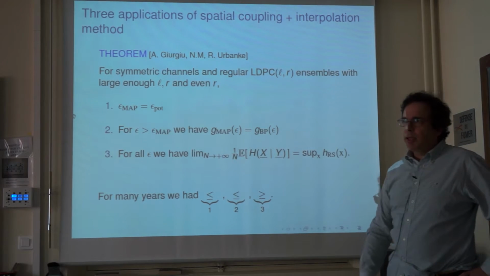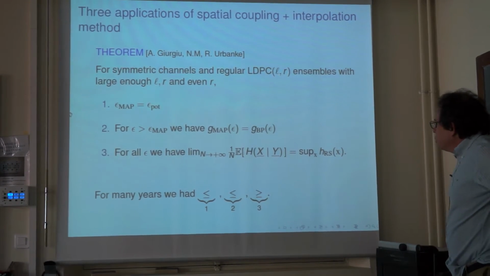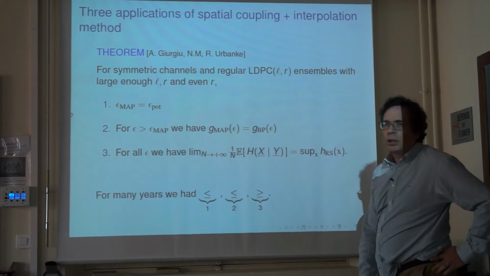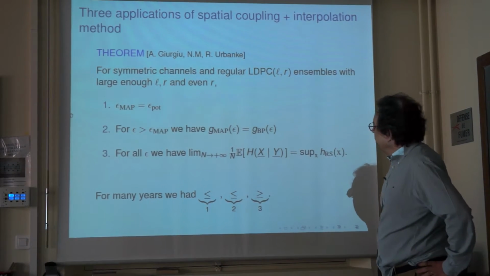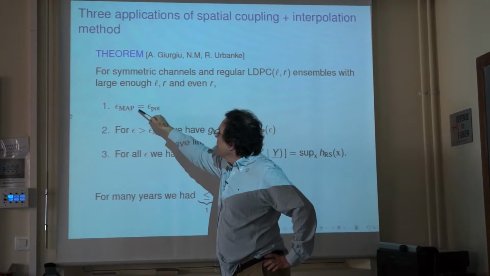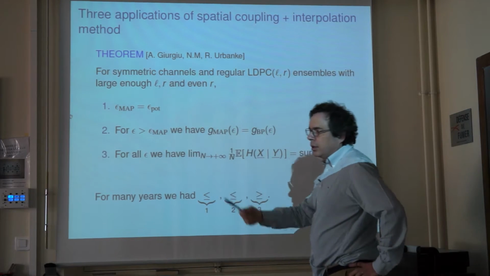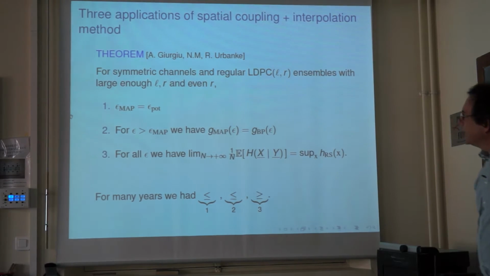So why do I state the theorem this way? For at least two reasons. In fact, for almost 10 years, I think, we knew that this is an inequality that goes in that direction. This was known from methods I'll say a word about in the next slides.